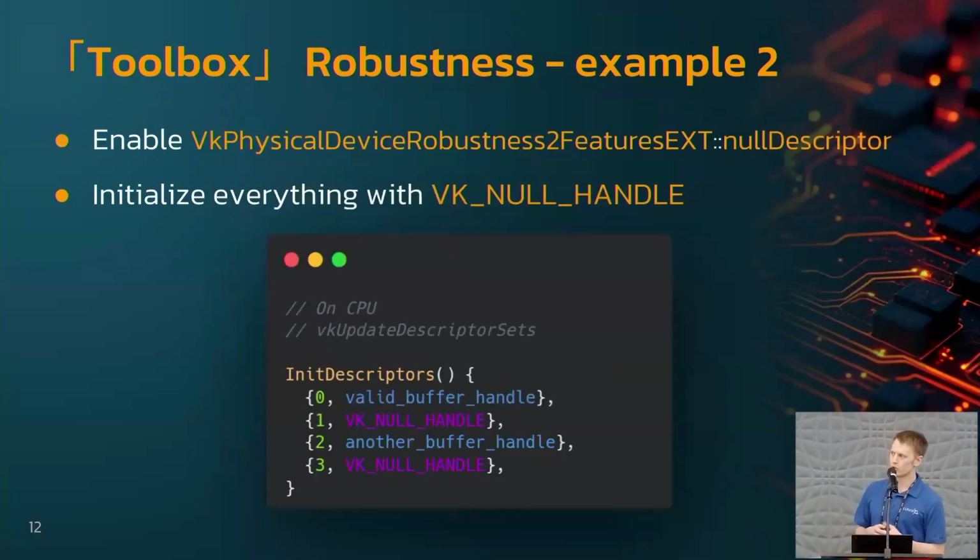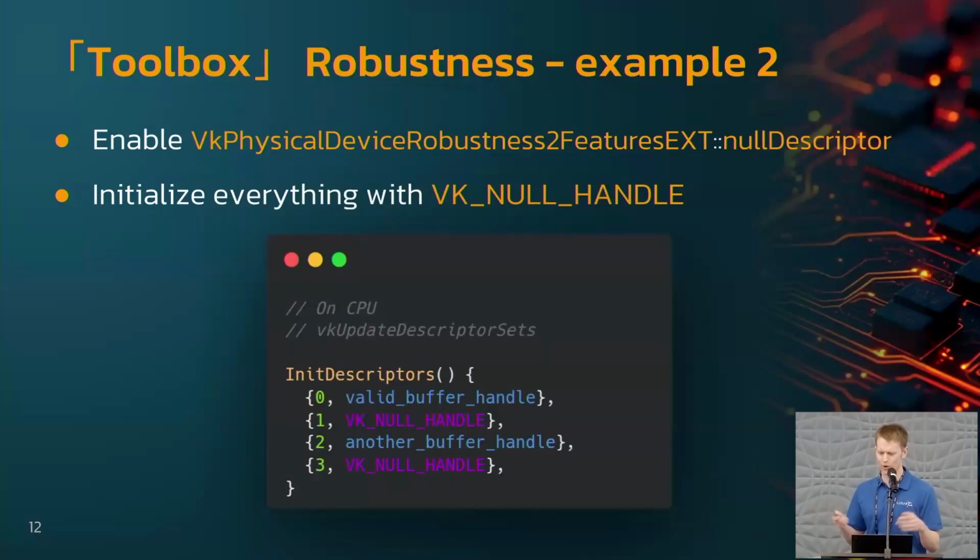What null descriptor does, which is part of the robustness2 feature set, is let you set all your descriptor indexing descriptors to null to start with. With that, all these accesses will be valid, and you're not going to crash. You'll again ignore your writes or read 0. So it's another quick little tool you can flip on and off to see if it surprisingly fixes your GPU problem.